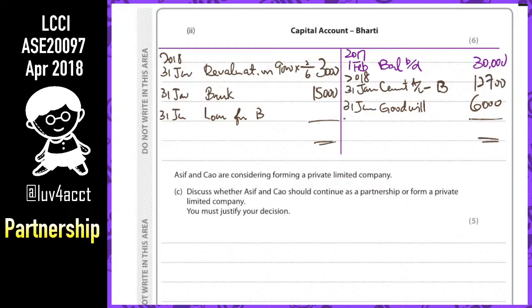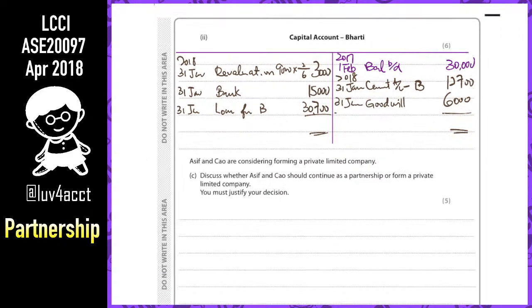Okay, that will be 30,700. Okay, so it's done. This time it is better. At least it is normal, no obvious mistake.